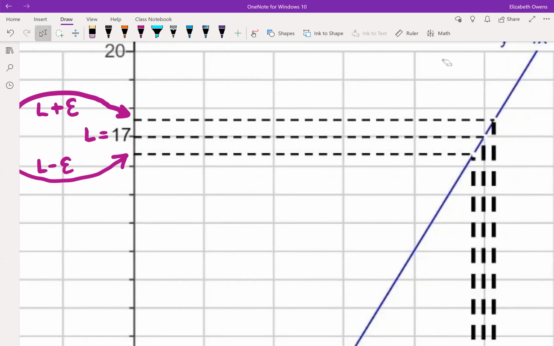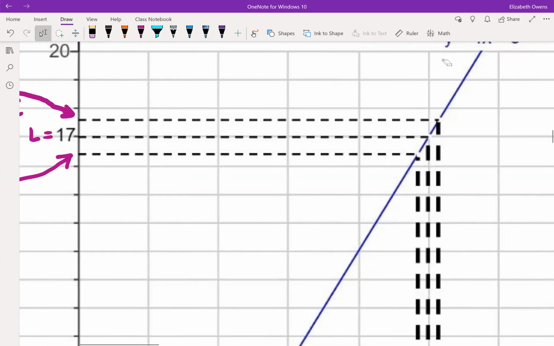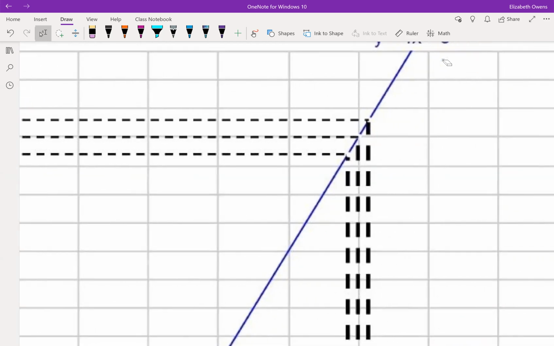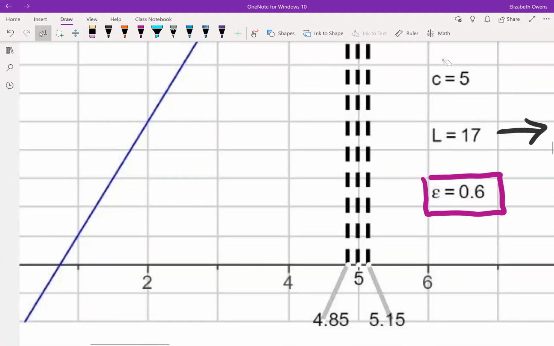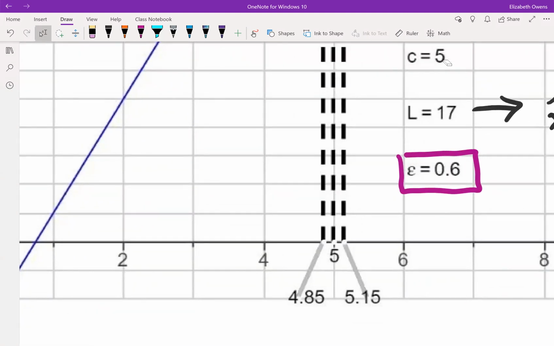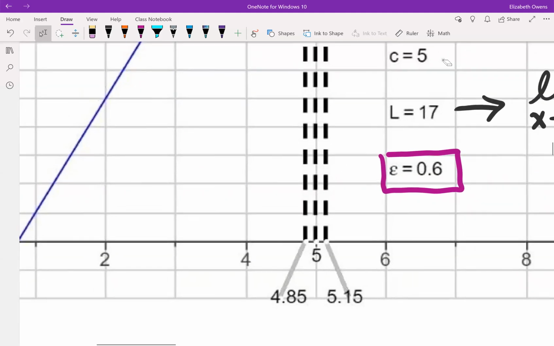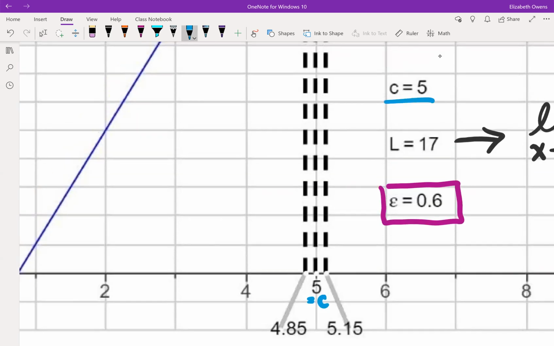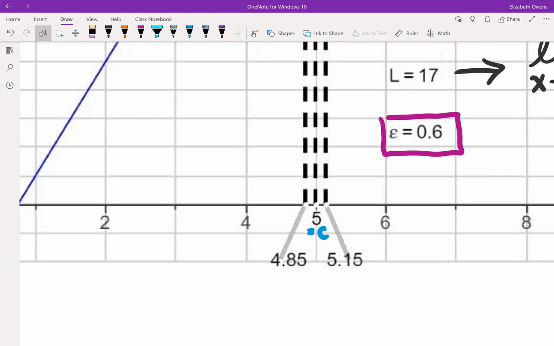Notice how they've used these nice hash marks to show us where things are lining up on the function. Okay, and then we're going to go down in the x direction, and we see here that we have our c value of 5. c equals 5. All right, so then we have to see what the boundaries of this interval on the x-axis are.